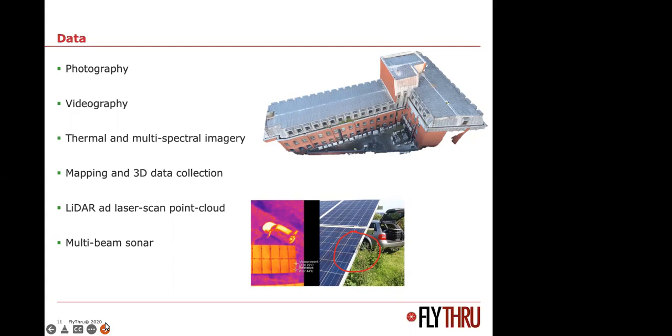We use thermal and multispectral imagery at the same time and in conjunction with videography that we may take, so that not only are you getting a thermal picture like is in the bottom of this image here. This was a solar array just showing that basically they need to cut the grass because it's causing shadowing on the panels, and therefore they're not as efficient as they should be.